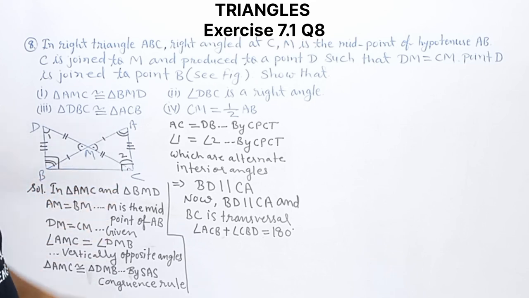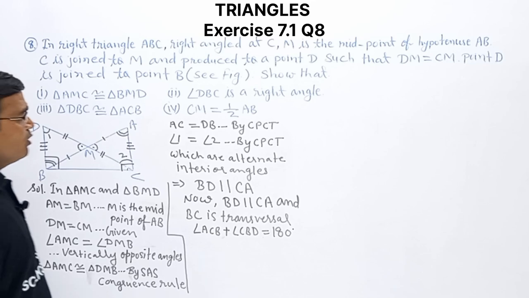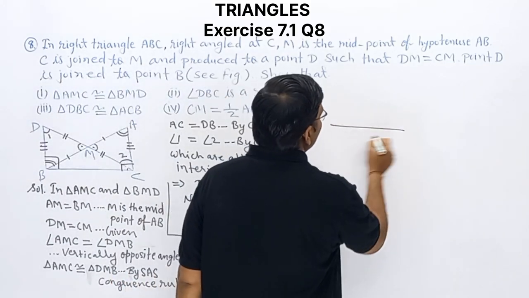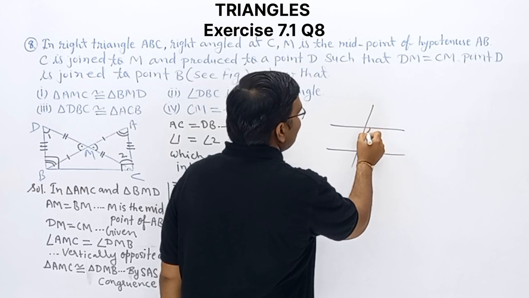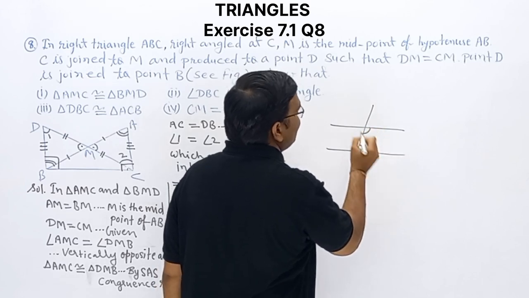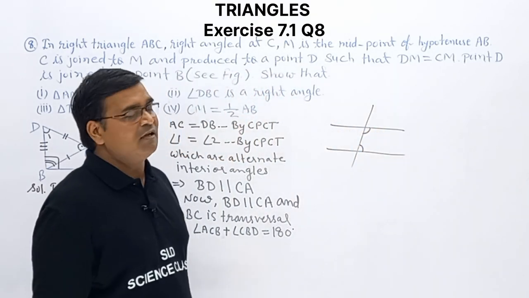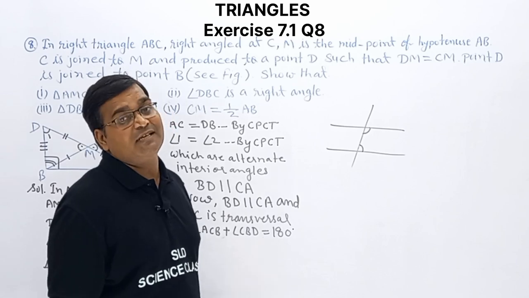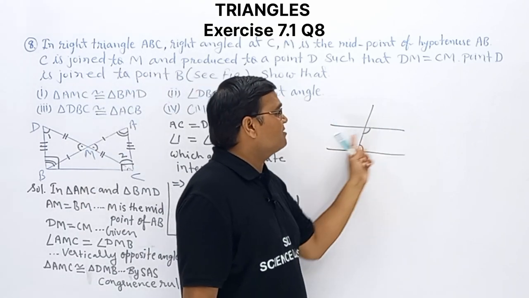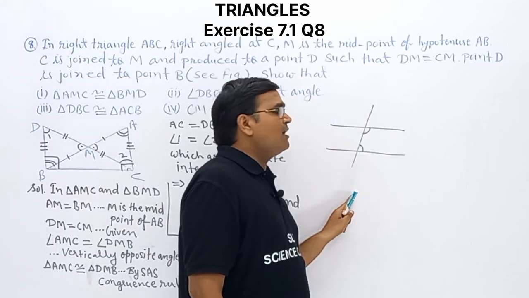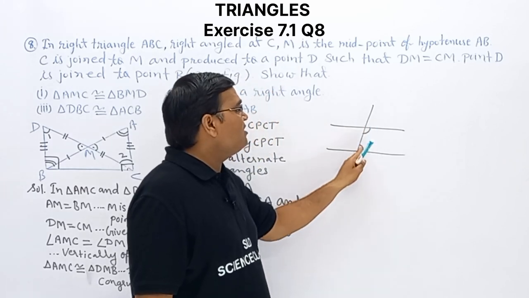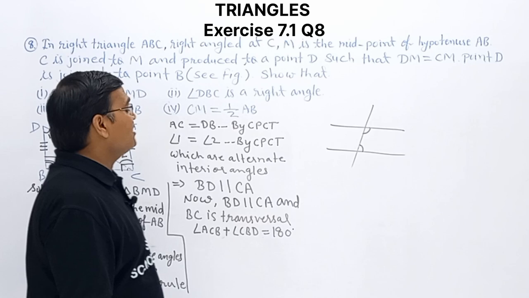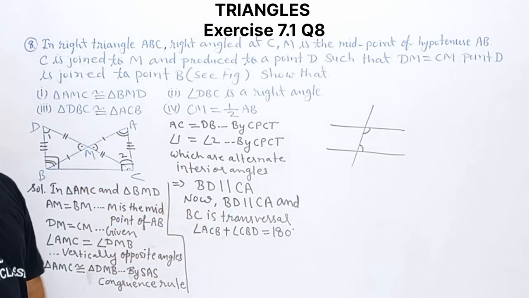They are interior angles on the same side of the transversal. Observe carefully, if two parallel lines are given and one transversal is there, then the sum of the interior angles on the same side of a transversal will be 180 degrees.